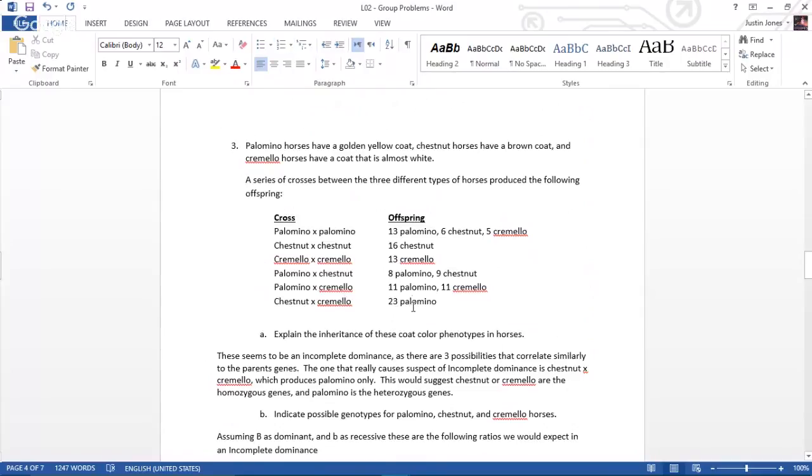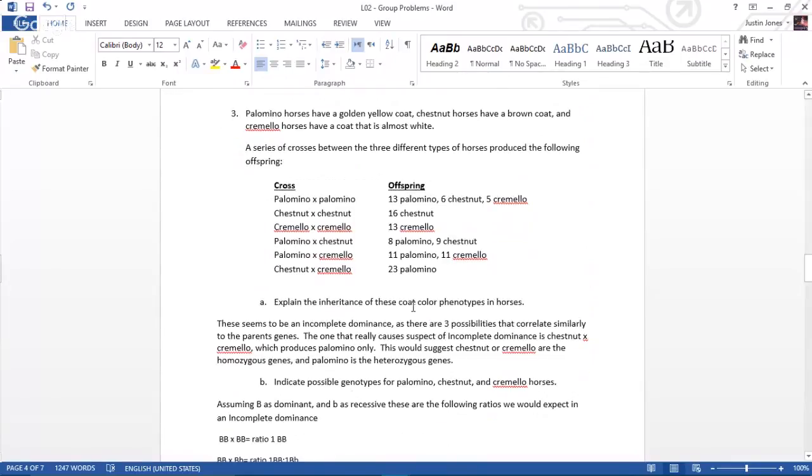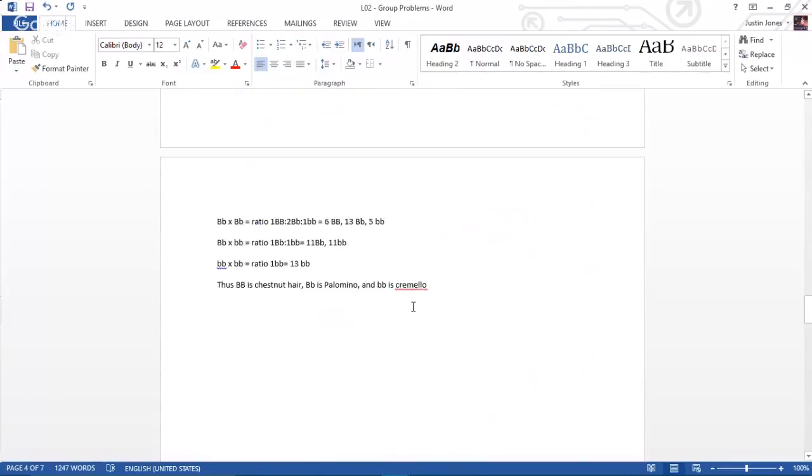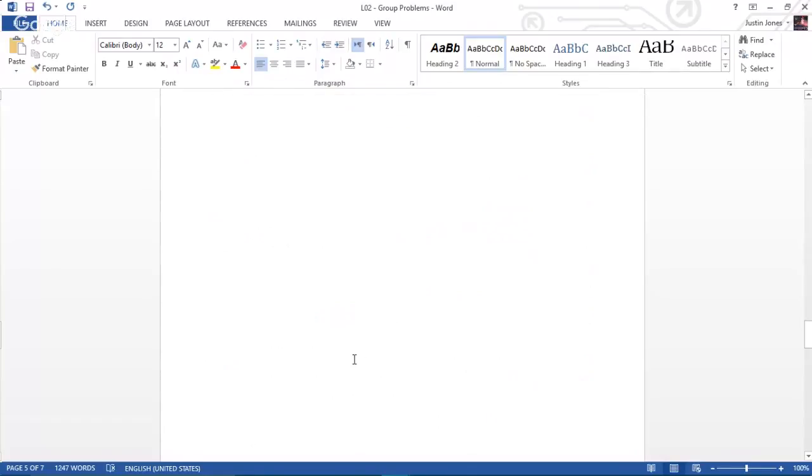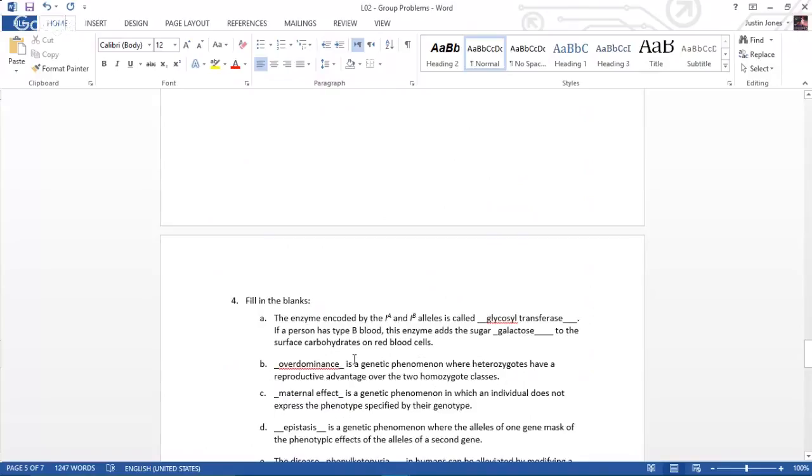Well, actually, now that I think about it, it really doesn't matter because you're going to get the same results, because there's not a dominant in an incomplete dominance, because they're both going to affect it. So for my example, I did BB, the chestnut hair, which was the brown, and then the yellow, and then the white. But the more I'm thinking about it, it could actually go either way. It doesn't matter which one is considered the dominant, at least in this case, because they both have equal effect.